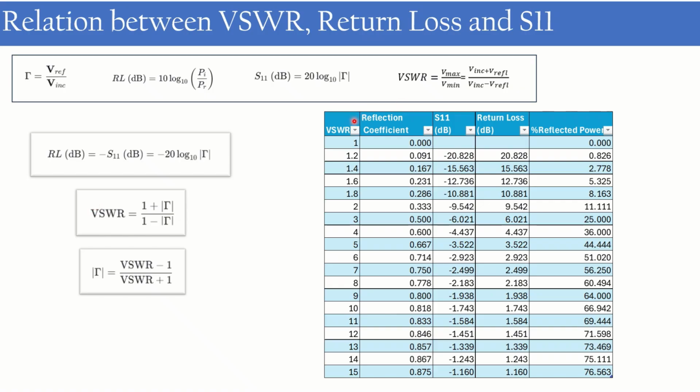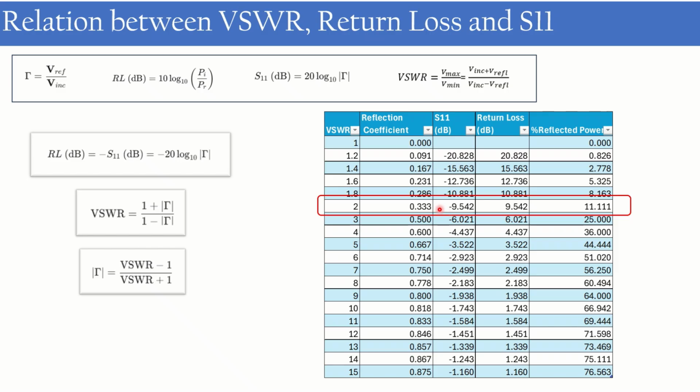This table shows the relation between VSWR, reflection coefficient, S11, return loss, and the percentage of reflected power. In our acceptable condition, if the reflected power is around 10%, we say it is acceptable.